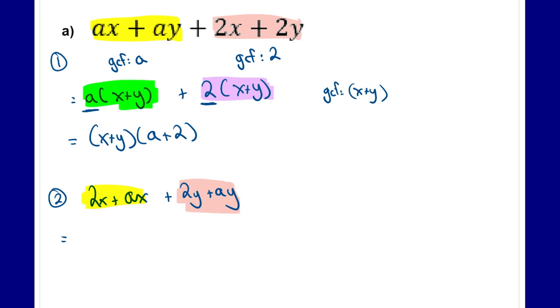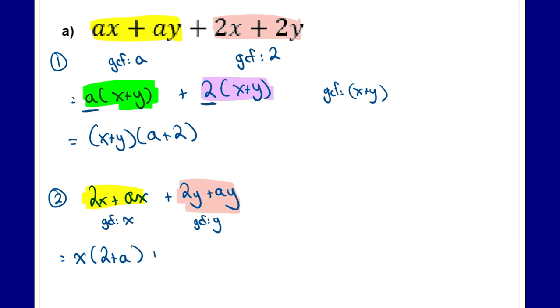And if I look at the first one, the greatest common factor is x. X is the only thing that's common between those 2. Same thing in the second one: y is the only thing common between those 2 terms. If I common factor the first 2 and take out that x, I'm left with 2 plus a.